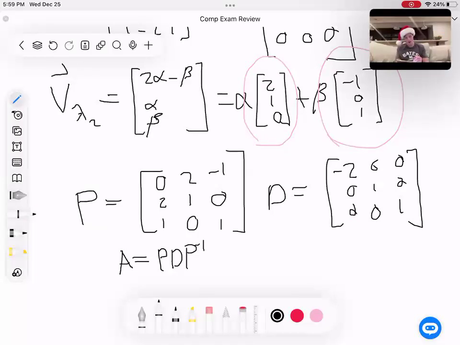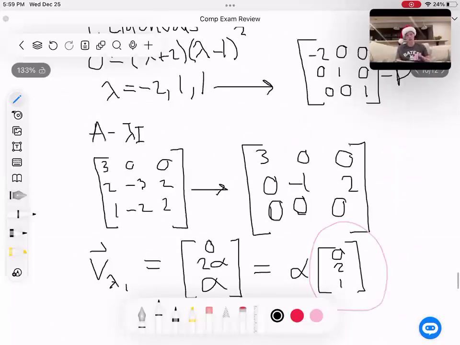We can make sure that P is invertible. That is one way to kind of check to make sure things are lining up to be what they are. We can also go through and check our work just by multiplying this out, right? And ensuring that this does in fact equal our original matrix A.